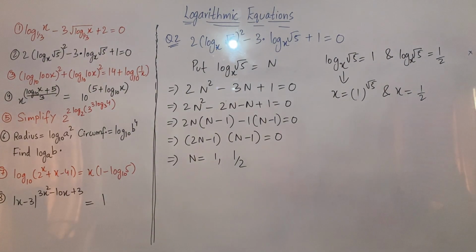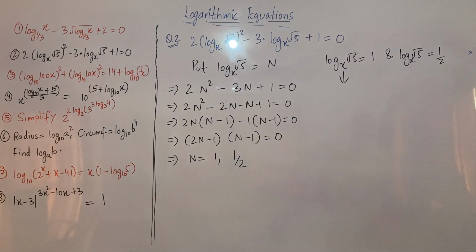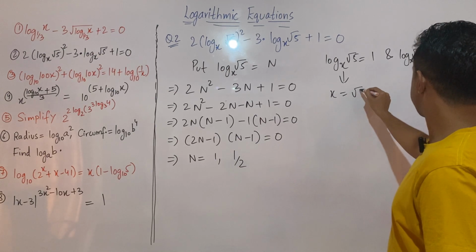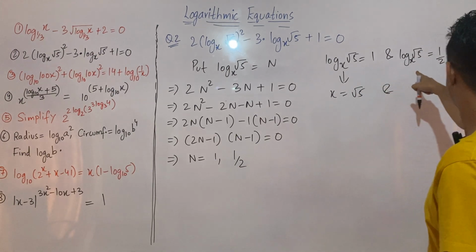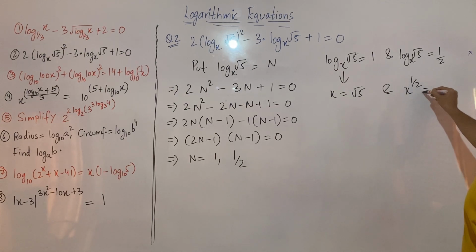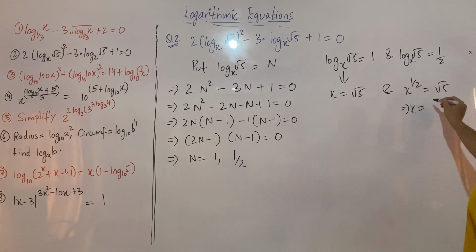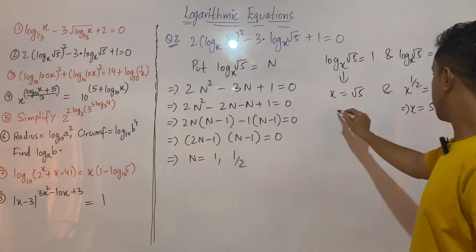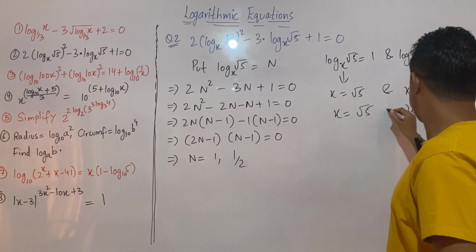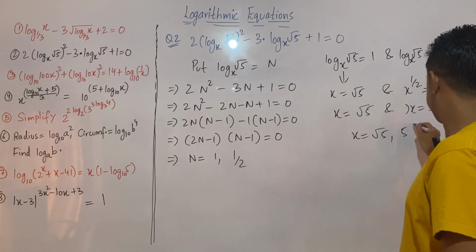No, that's wrong. So from here, x is going to be root 5, right? And from here, x to the power 1/2 equals root 5. So it means x is going to be 5. So we have x = root 5 and x = 5. So x is going to be root 5 and 5.